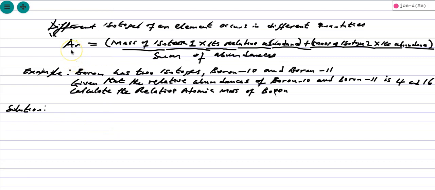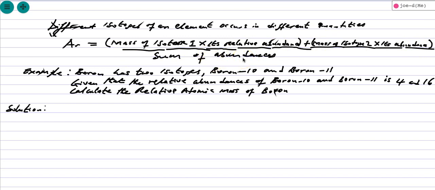The relative atomic mass of an atom is the mass of isotope 1 times its relative abundance plus the mass of isotope 2 times its relative abundance, divided by the sum of the abundances.